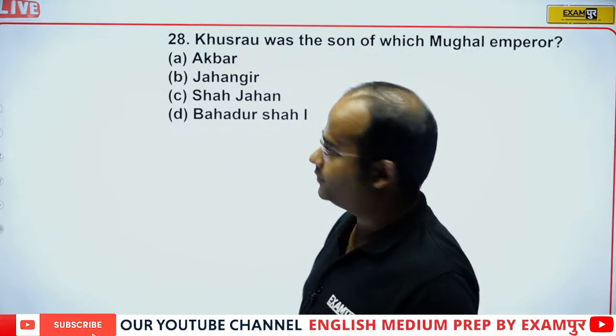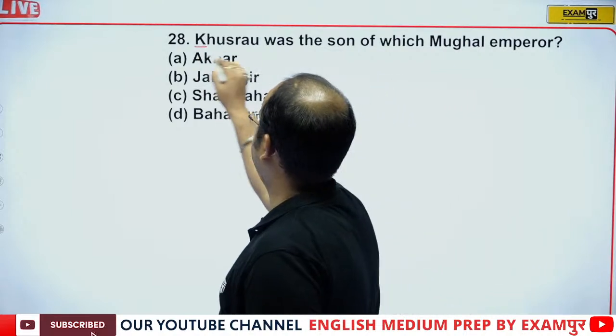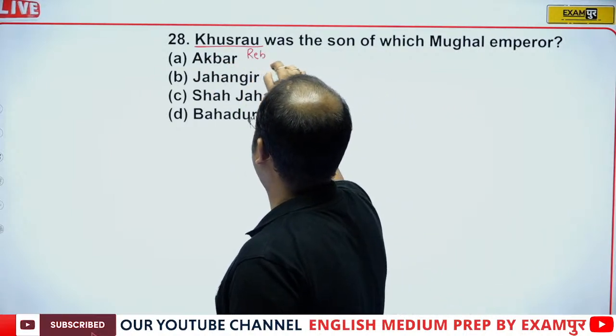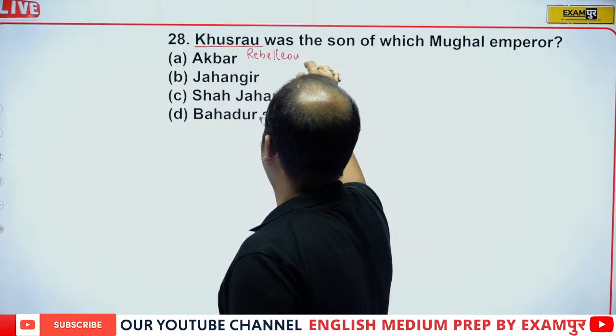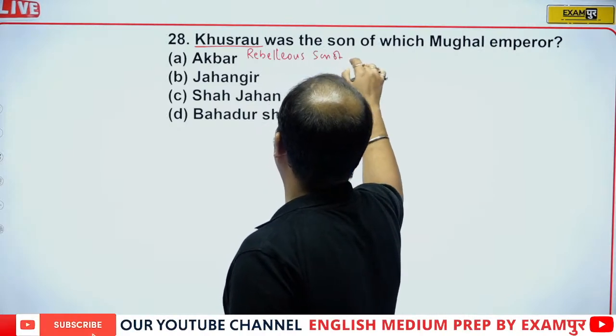Khusro was the son of Jahangir. He was rebellious.